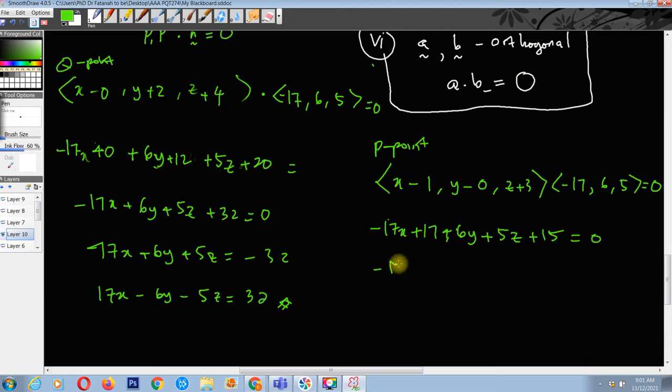So negative 70x plus 6y plus 5z plus 32 equals to 0.